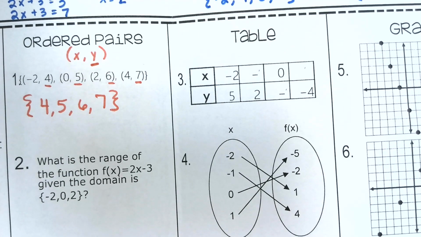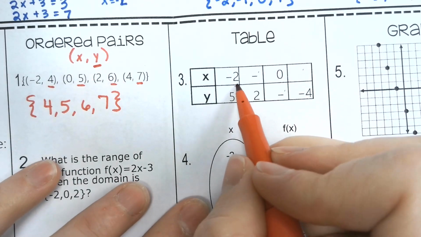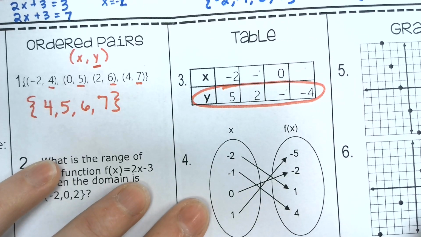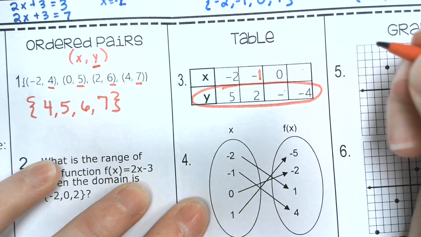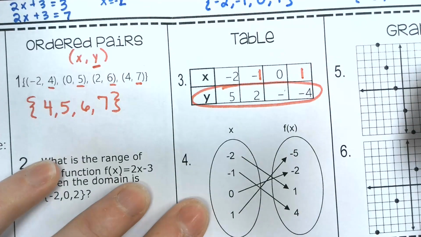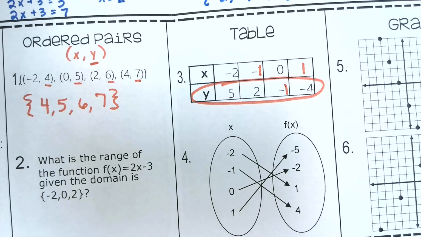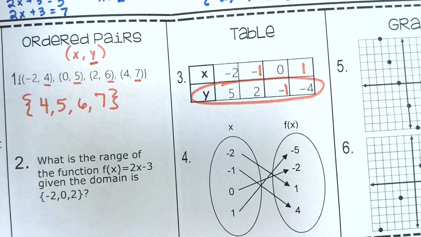Number 3 from a table, we want range, y values. We were missing some numbers. It didn't copy very good. There we go. So fill in the numbers with the same as mine.